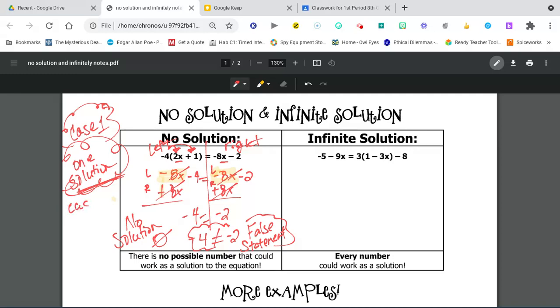So case 2 is there can be no answer to an equation, or no solution. Case 2 happens when, again, the variables cancel on both sides, okay? And let me make sure I write that. Your variable terms are going to cancel.